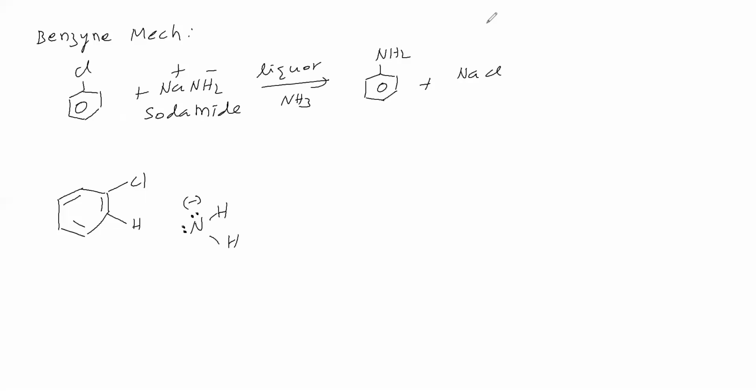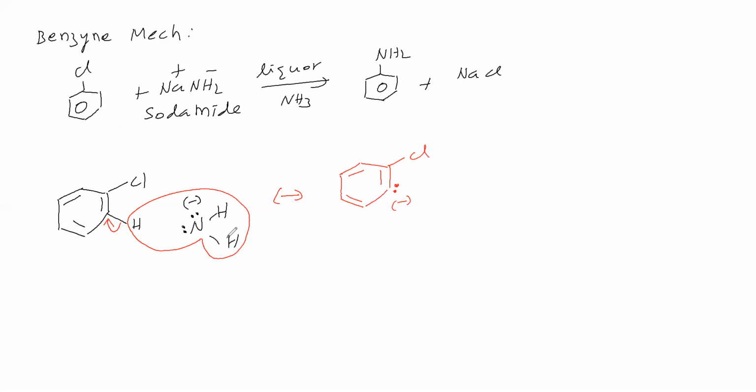This NH2 minus is abstracting a proton. The sigma bond becomes a lone pair, and the pi bonds shift. Here the lone pair gives a negative charge, and Cl is there. This NH2 minus is a strong base. It takes H plus and becomes ammonia.